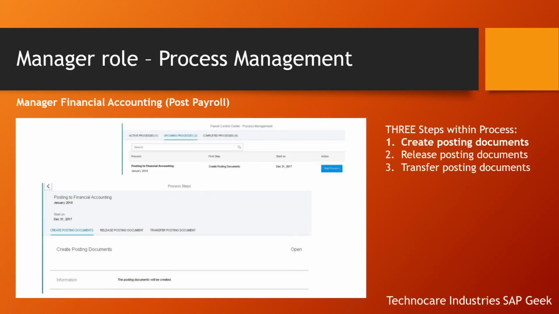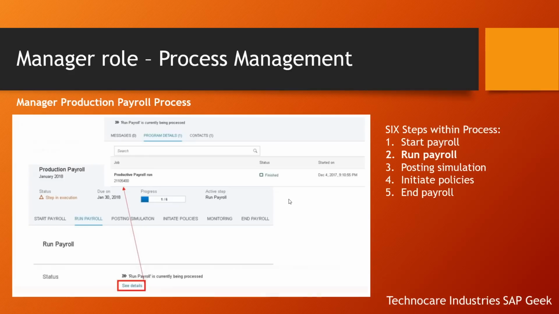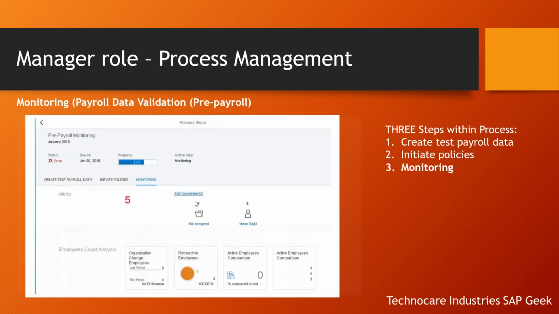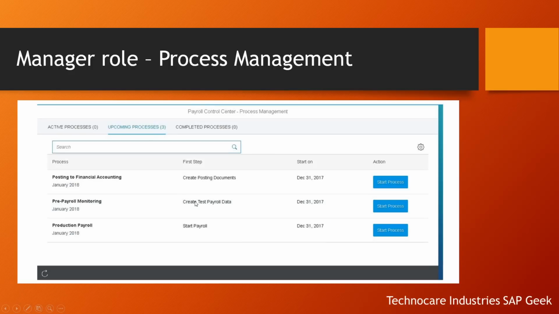Now we will also see an example of the third process. What is the third process? We saw the third process is financial accounting, so posting to financial accounting. For those of you who are feeling a little confused, let me come back to this slide. The very first screen that we saw for the manager was process management.